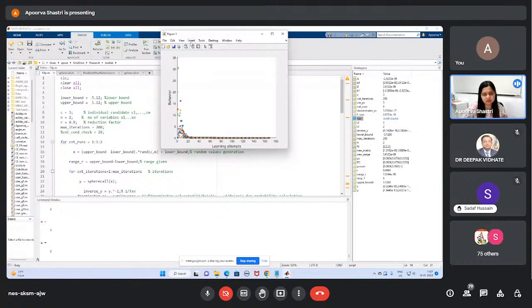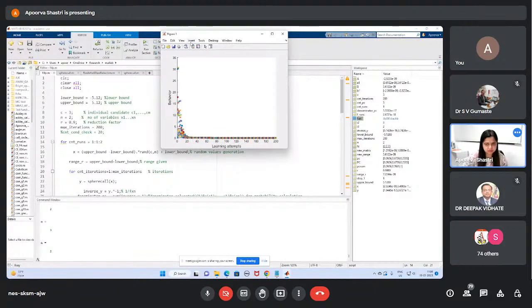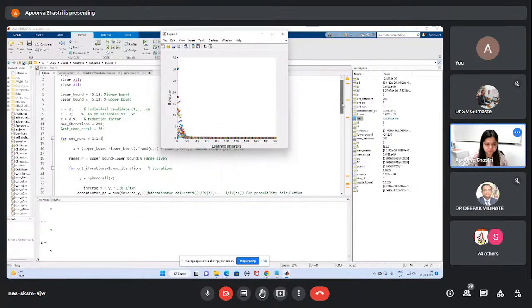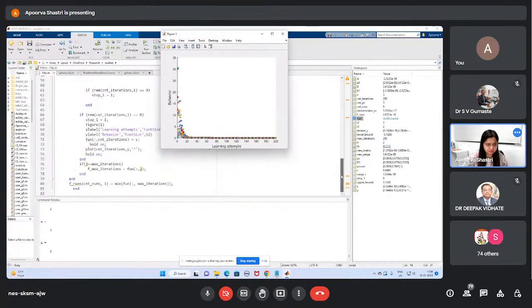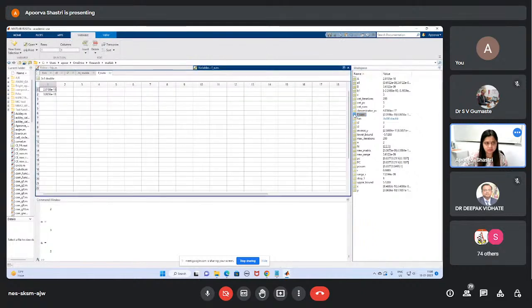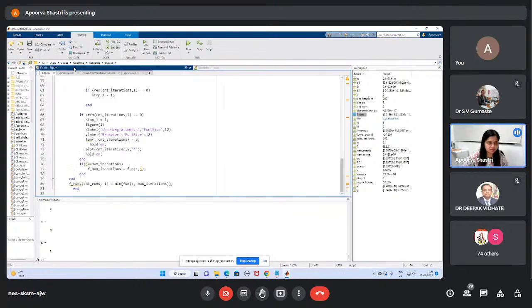I mean, we have to run the program for 30 times, but let us see what will happen if we run the program 2 times. These are the answers for run 1, run 2. I'll show you how to calculate the robustness also.